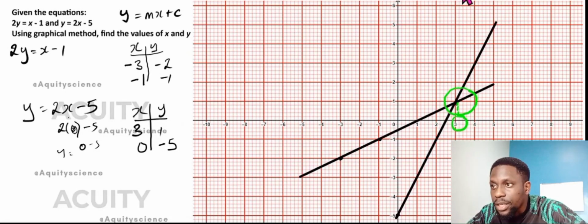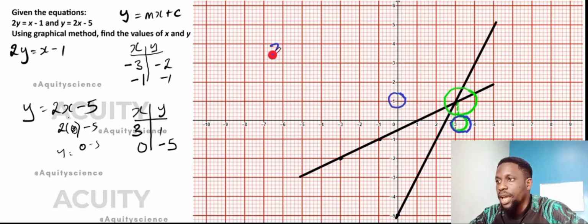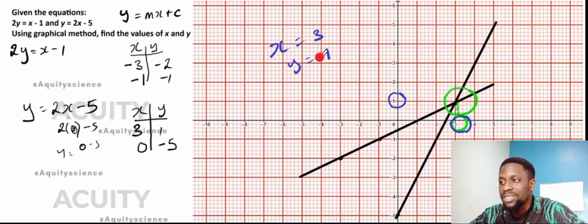I probably need a sharper color. So 3, and then on the y-axis, it is perfectly at 1. So you see, x equals 3, y equals 1. You could have told this already from the equations, simply.